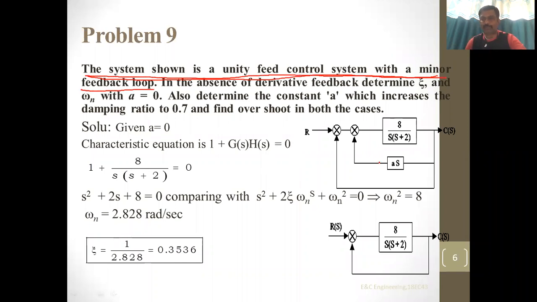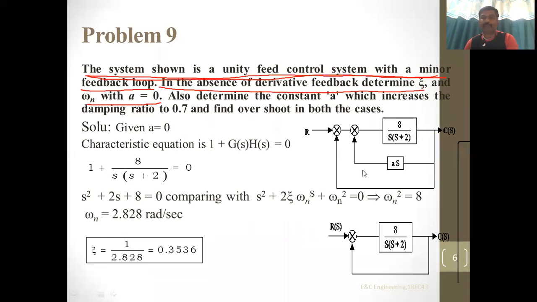Is it okay? This is the minor feedback loop, As. In the absence of derivative feedback, determine xi and omega n with A equal to 0. This is the first case.